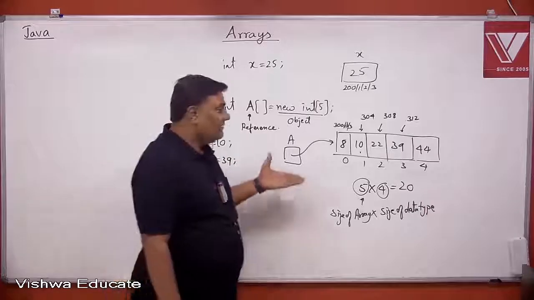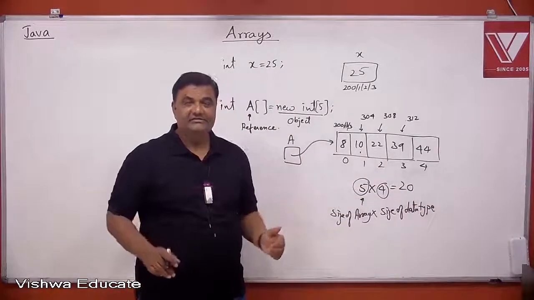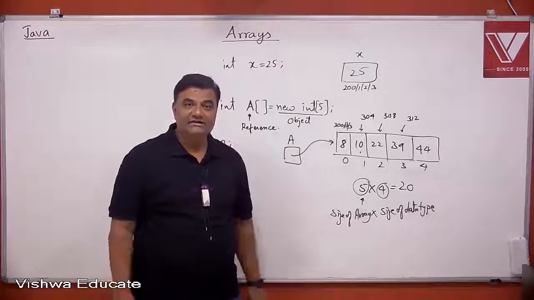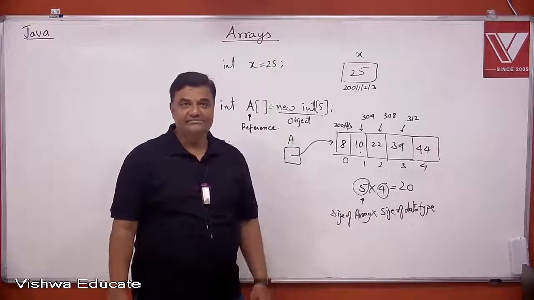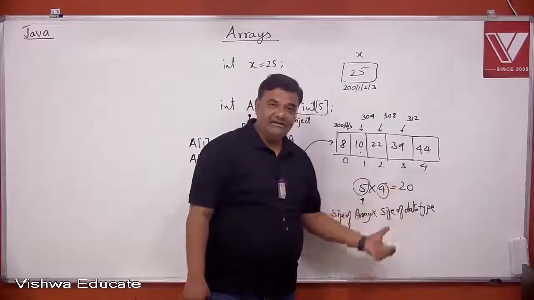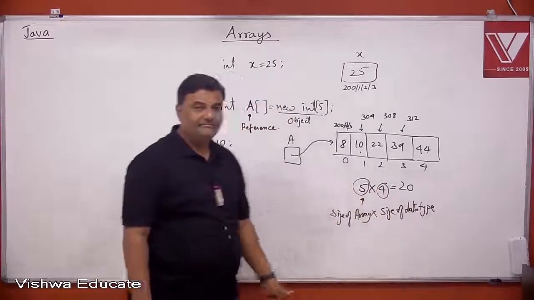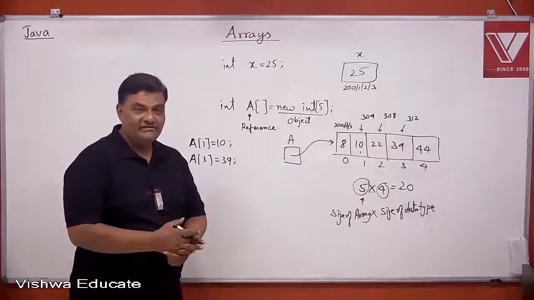Next, memory for an array is allocated contiguously. Then, the size of the memory taken by an array is size of the array into size of the data type.